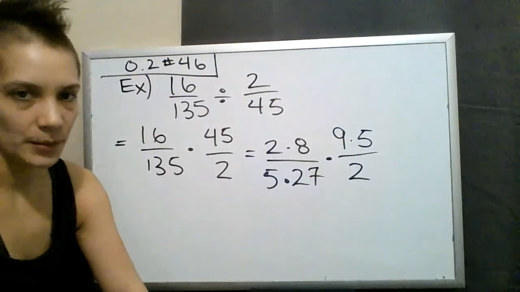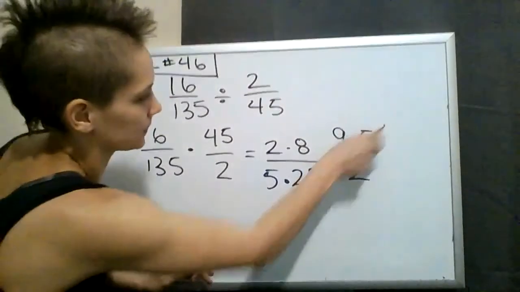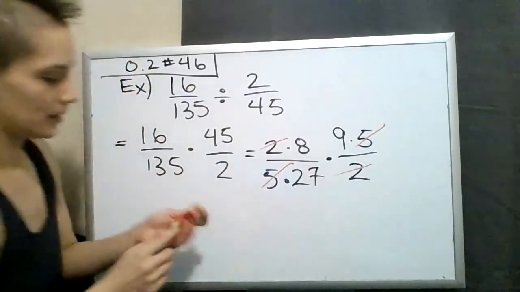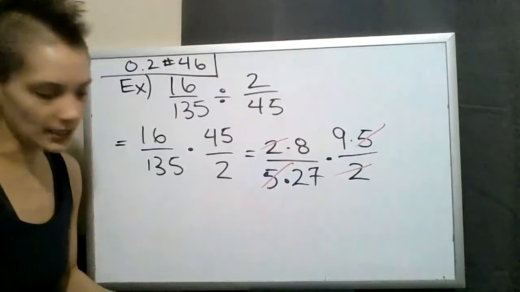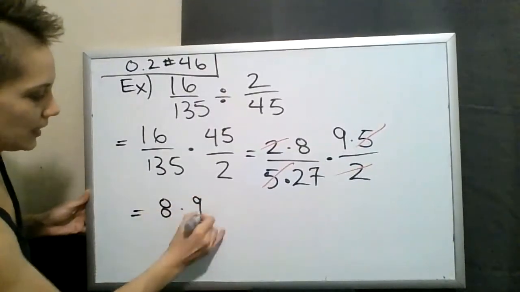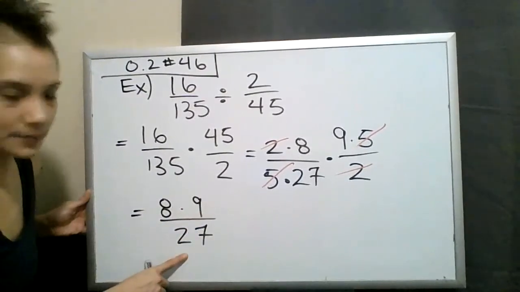Let's go ahead and cancel common factors. So 5 over 5 will reduce to 1. Same as 2 over 2. So we still have 8 times 9 over 27. Let's factor 27.